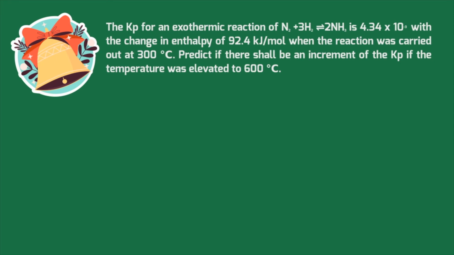So what we are going to do is 4.34 times 10 to the power of negative 3 divided by K2 is equivalent to e to the power of 6.6809. So you shall get 7.9704 times 10 to the power of 2.